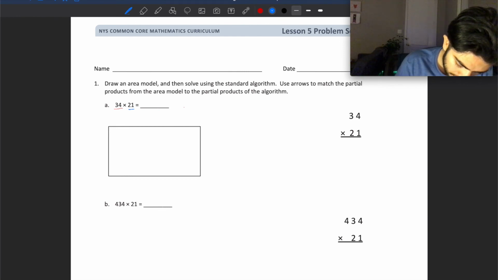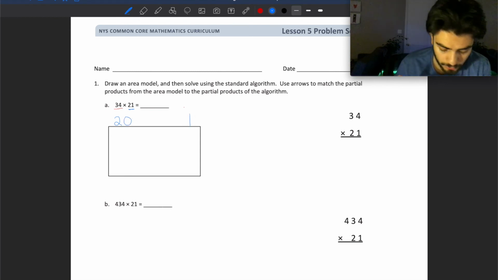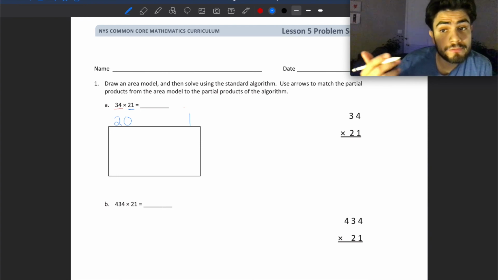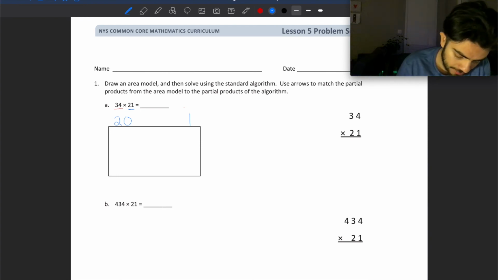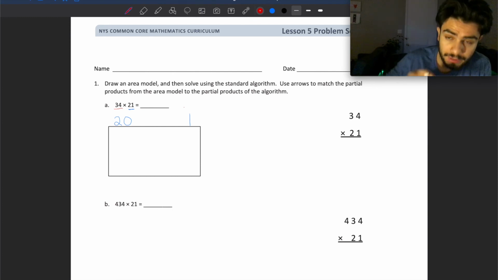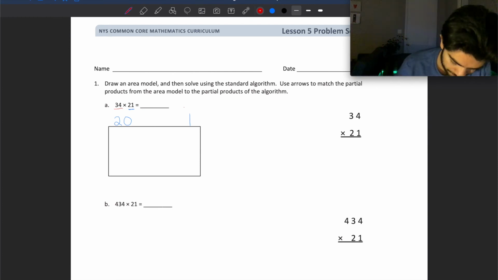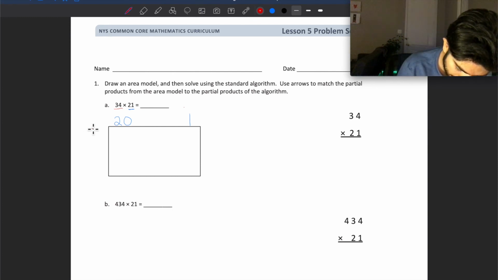This 21, I'm going to split it into 20 and 1. All I did was change it from 21 and separate it by place value. I have 2 tens and I have 1 one. Now I'm going to do the exact same thing to the 34, but I'm going to do it going down like this. 34.